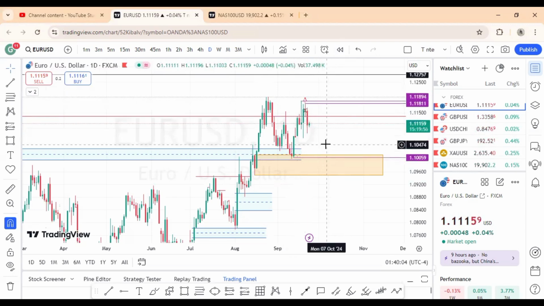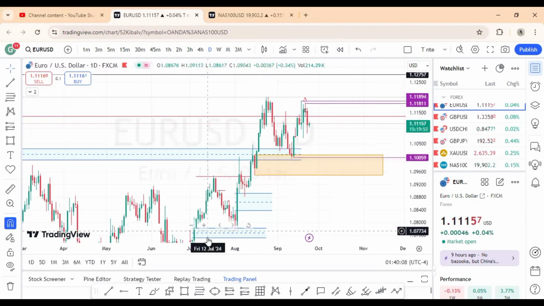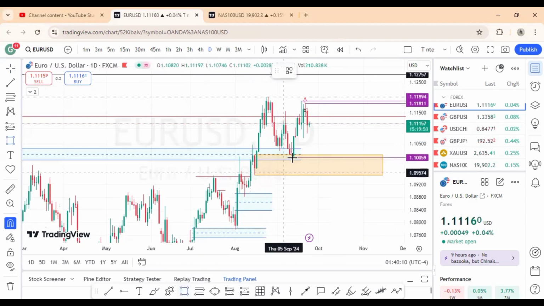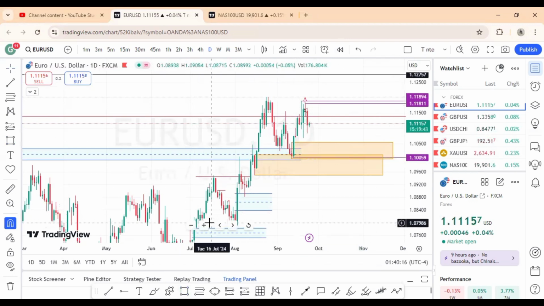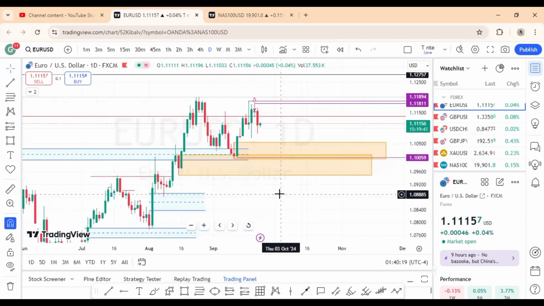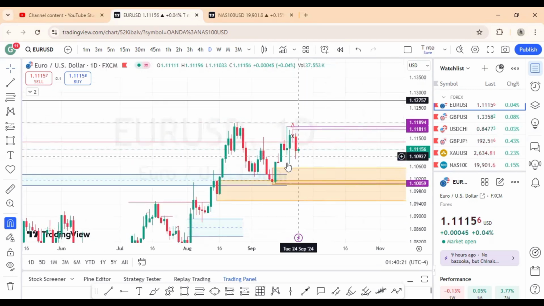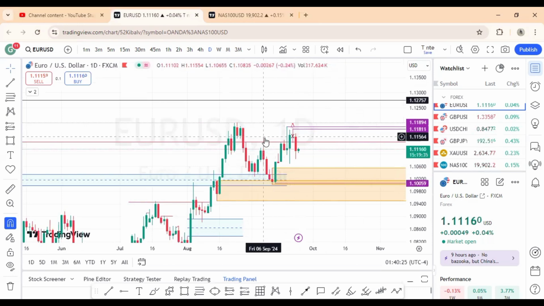Now, looking at what I am seeing here, I feel that the area of interest to pay attention to is this last push down here, right? This is what I'm looking at, because price has not really come from an area where I expect price to, this other block was able to make price take out this internal structural high.